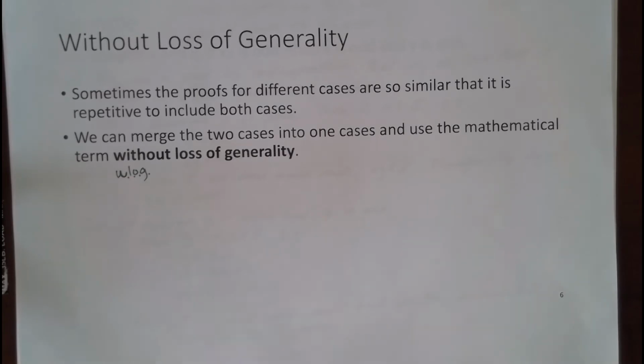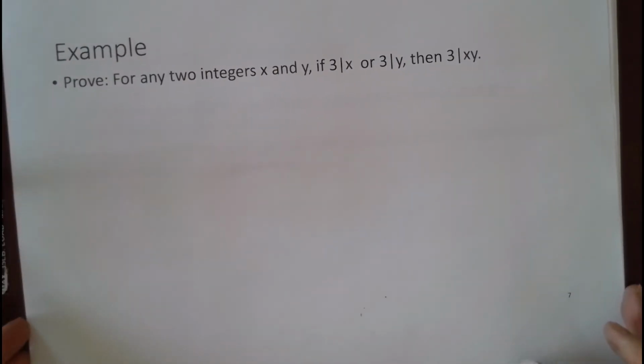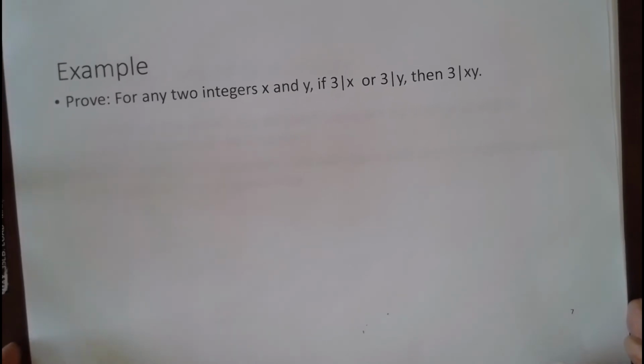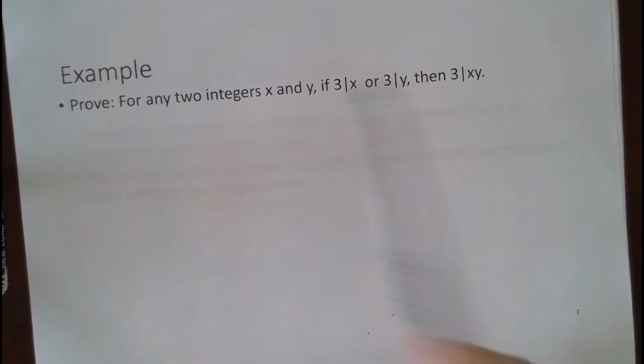Okay. So let's look at an example here where we have, for 2 integers x and y, if 3 divides x or 3 divides y. So again, we see this or come up. We don't want to have to go through every single one of the cases. Really, it would be okay for us to say, as long as one of these is true, I don't know which is x, which is y, I'm just going to say, in general, if 3 divides one of them, I don't care about the other one.